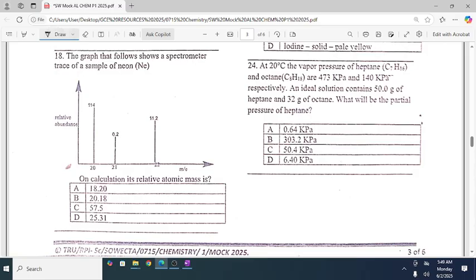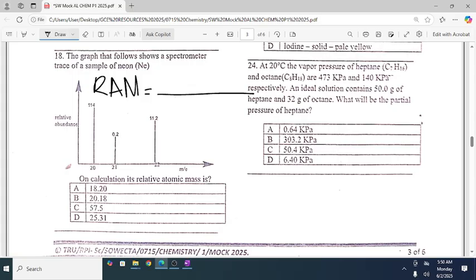So how do I get the relative atomic mass of an element given a graph of relative abundance against the mass to charge ratio? The relative atomic mass of this element is equal to the product of the relative abundance and the mass to charge ratio for every case.